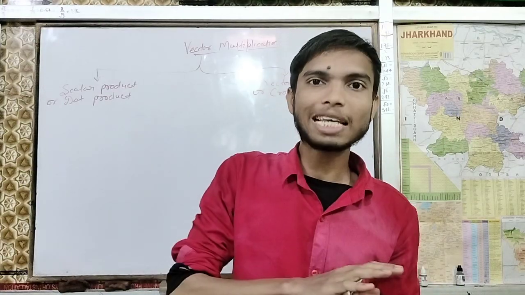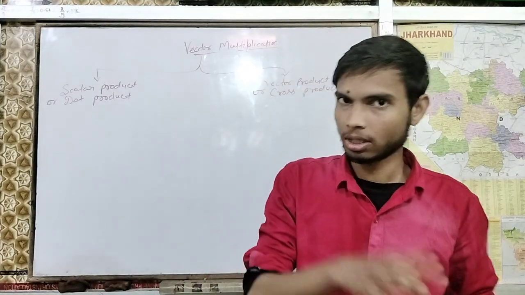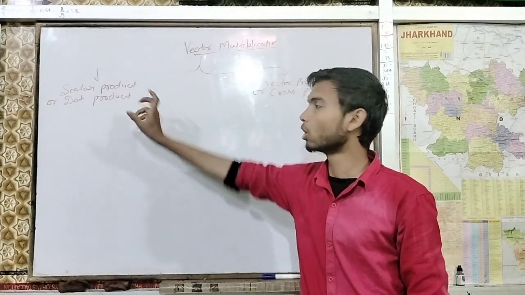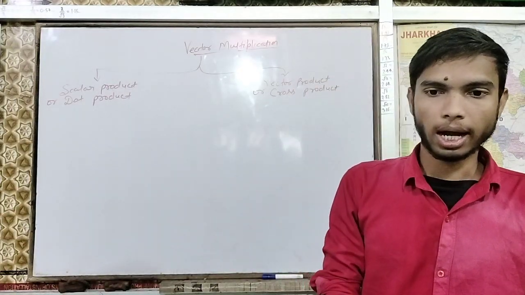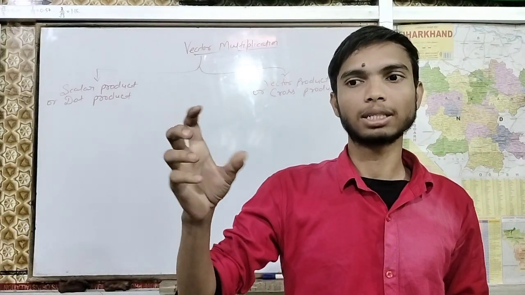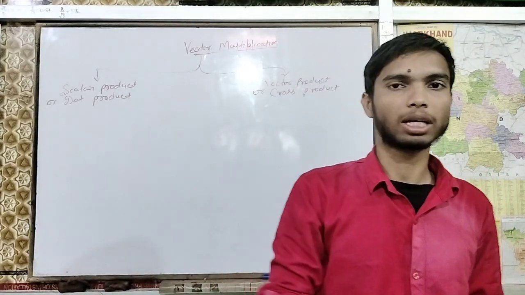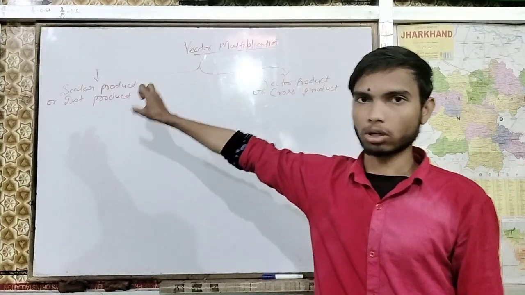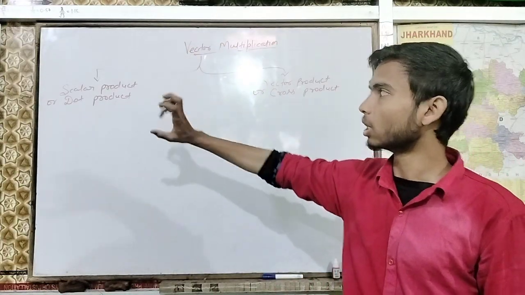If this is happening, this type of discussion is kept in the field of scalar product. After multiplying two vectors, the third is a scalar. In that case, that part is known as a scalar product, or dot product.